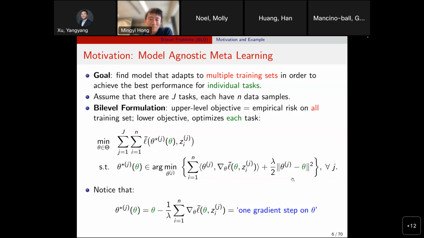So if you look at the optimal solution for this, basically theta star will be more or less one step of gradient descent. Okay, so that's the meta learning problem. The upper level problem is the overall loss function, and then the lower level problem is the individual loss function.